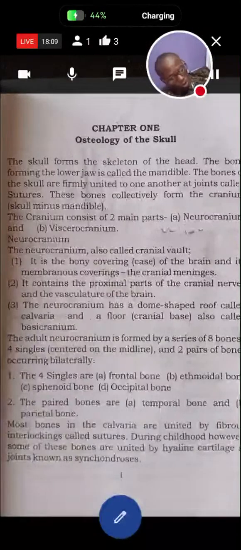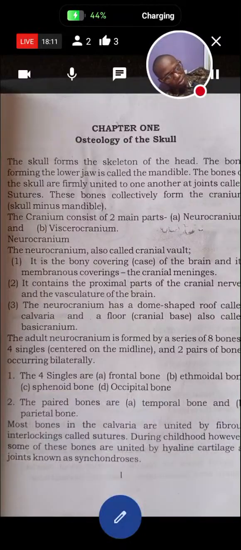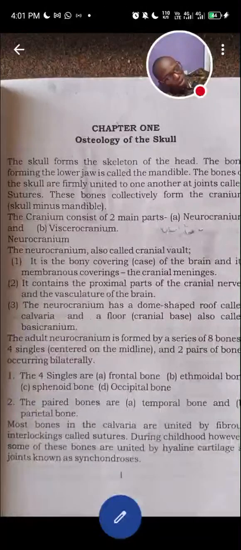Number one, talk about the bones in the head: the mandible and the cranium. Cranium is divided into two: we have the neurocranium and the viscerocranium.